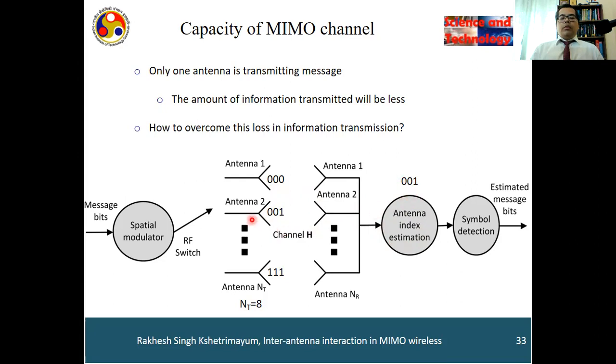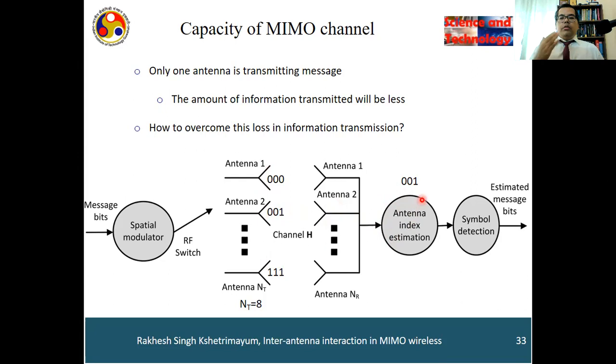So the data transfer rate is going to increase. Let's say we are transmitting only 1 bit from the transmitter; we would be able to decode only 1 bit at the receiver, so the data transfer rate is 1 bit per second. But if you use spatial modulation, even if we are transmitting 1 bit, because of this antenna indexing and antenna index estimation at the receiver, we will actually be receiving 4 bits.